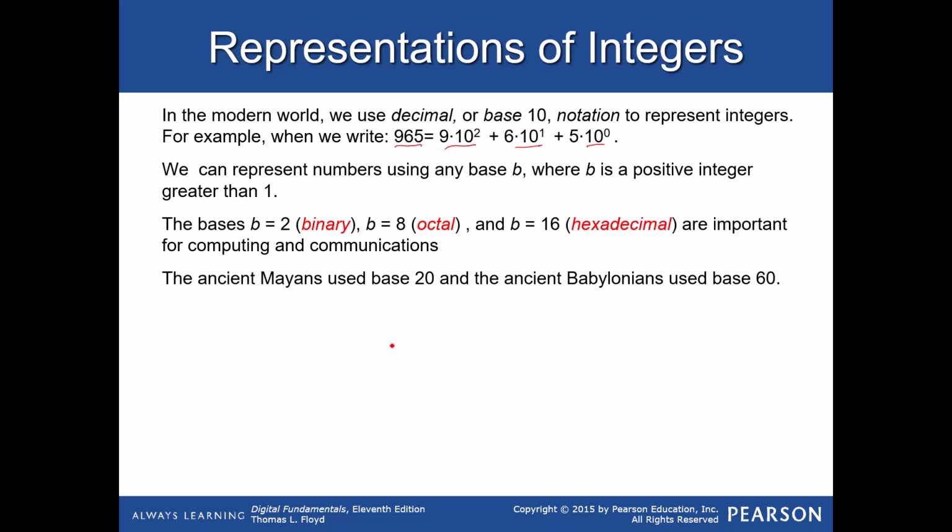Let me elaborate here. So we have here 965, and we recall from school our teacher telling us that when we start from the right, the digit 5 is in a position that is different from the 6, and the 9 is different from both.